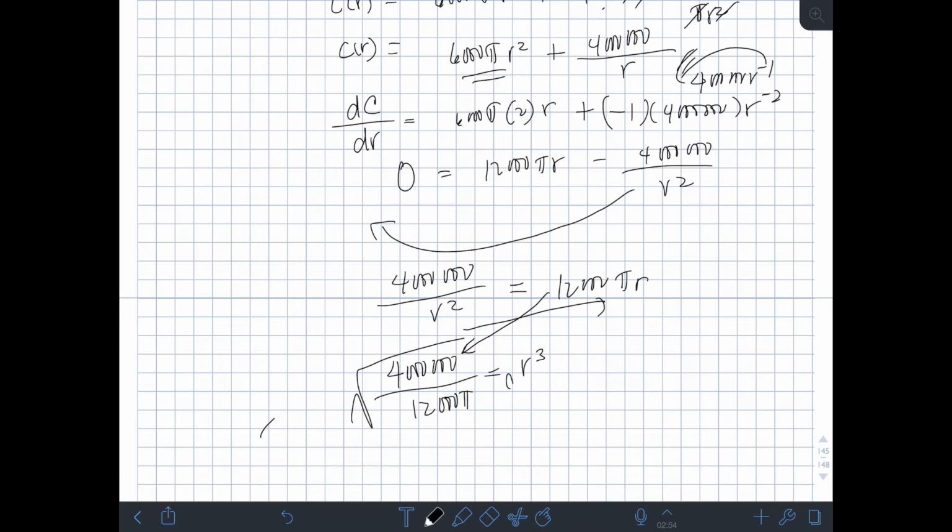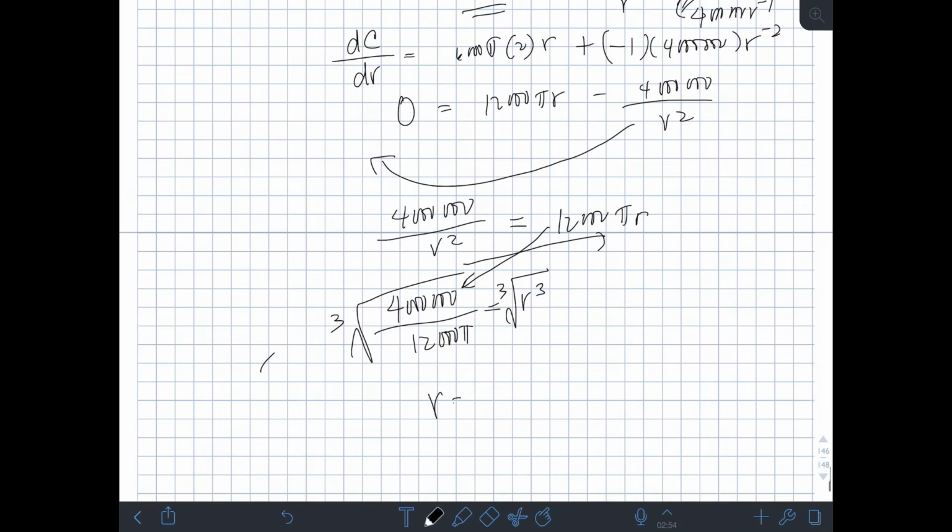So cube root both sides. So we have r is equal to cube root of 4 million divided by 12,000 pi. So using calculator, anong value niyan? 4.734 meter. So therefore, ito yung radius na magpapaliit doon sa cost nung material.